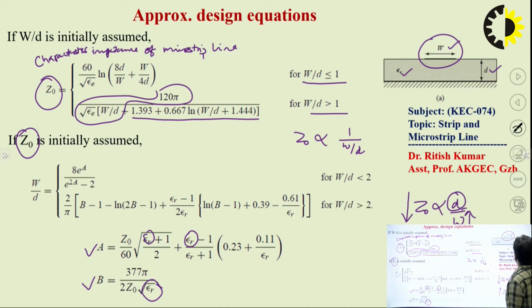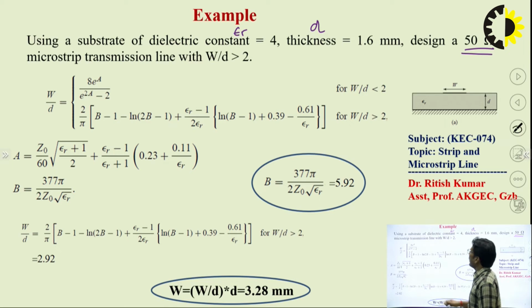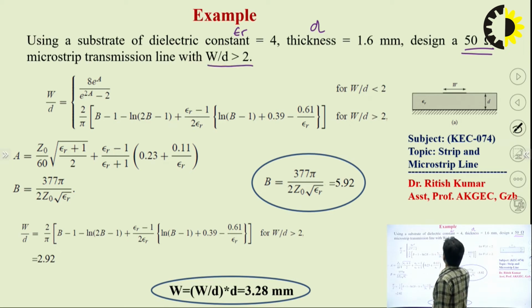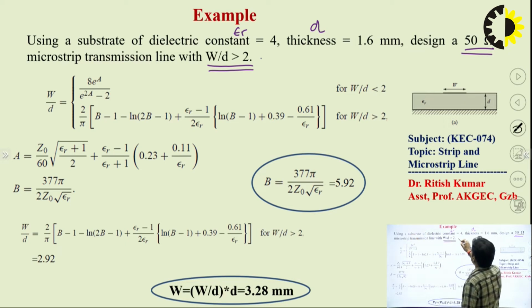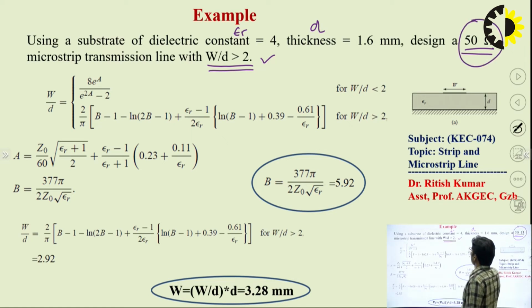One example I will discuss here. Using a substrate of dielectric constant 4, that is epsilon r equal to 4, and thickness D equal to 1.6 mm, design a 50 ohm microstrip transmission line with W by D greater than 2. So according to the requirement of the question, we know W by D is greater than 2, we need to design a 50 ohm transmission line, and we have the substrate parameters as well.